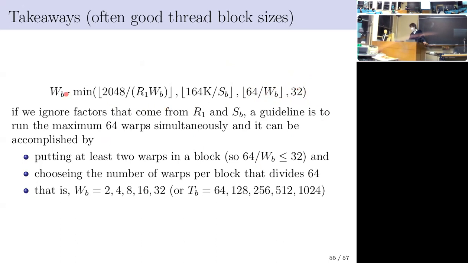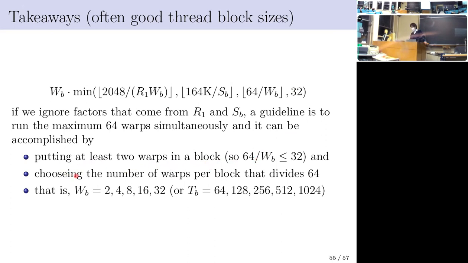And you multiply by 1, so you end up running only 32 warps at the same time. So you don't want to make this 1. One rule of thumb is to put at least 2 warps in a block. So just avoid thread block sizes smaller than 64.